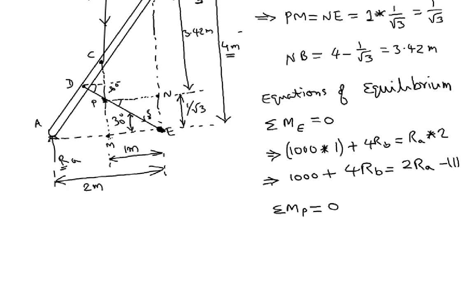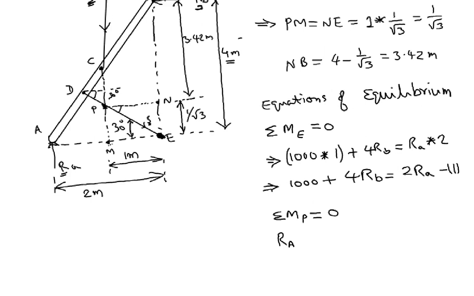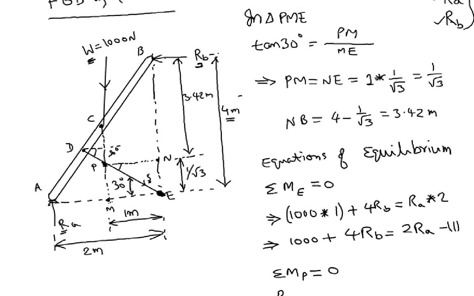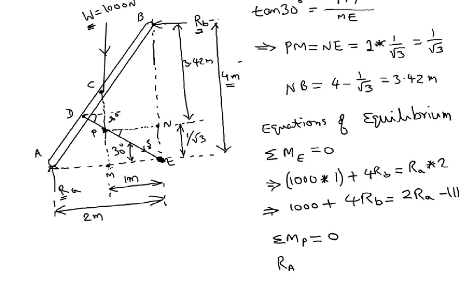When you take sigma MP is equal to 0, you get another equation. RA contributes a clockwise moment, which is negative, and RB creates a counterclockwise moment, which is positive.